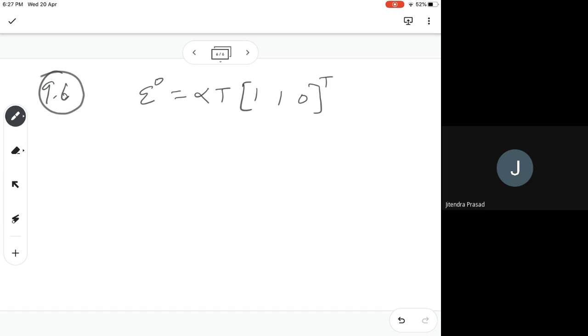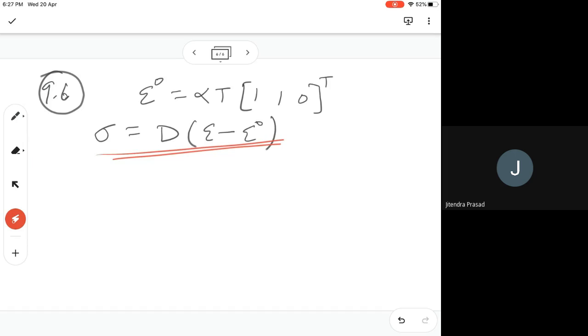The stress sigma is given as D times (epsilon minus epsilon naught). Okay, so this expression is given to you.